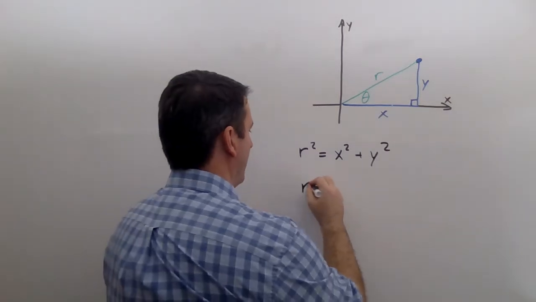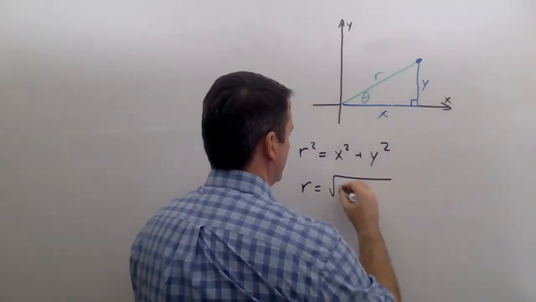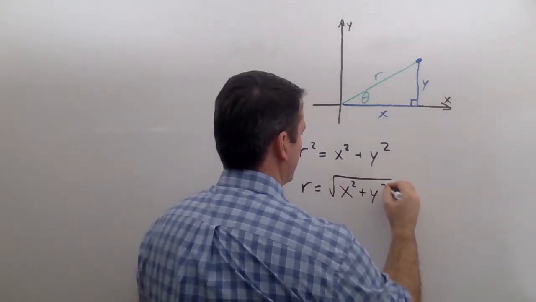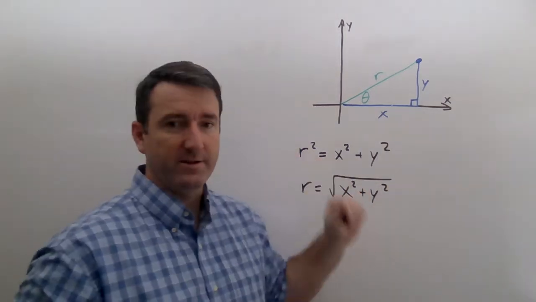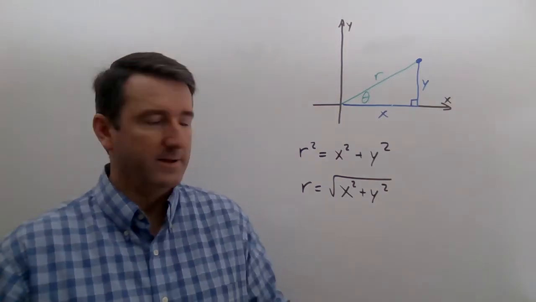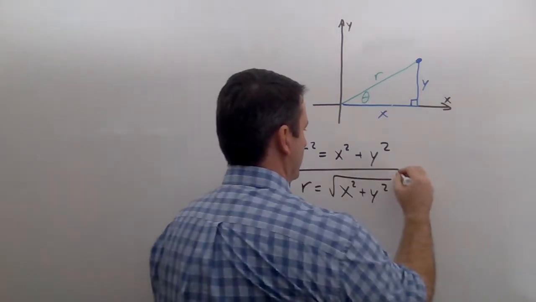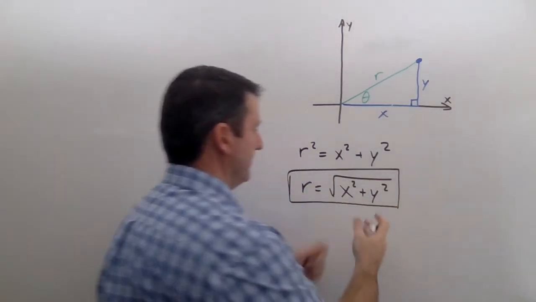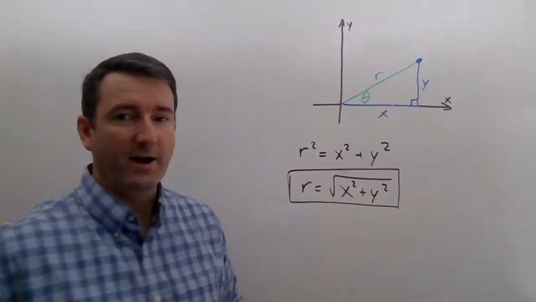Which means that r is going to be equal to the square root of x squared plus y squared. We just took our Pythagorean theorem and then we took the square root of both sides to find what r is. So that's our formula that we're going to use to convert from x and y to find r.